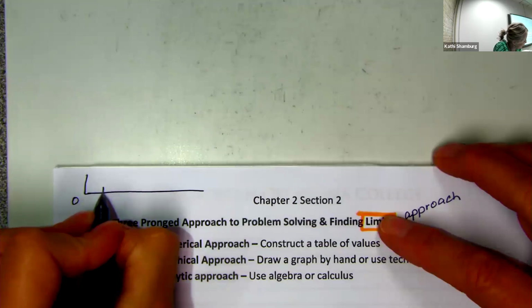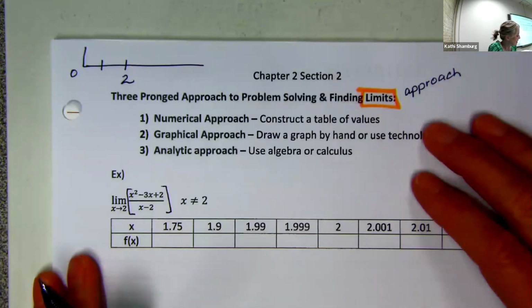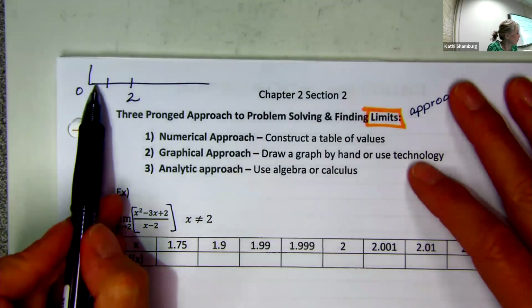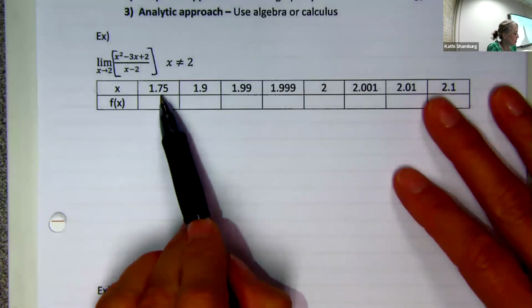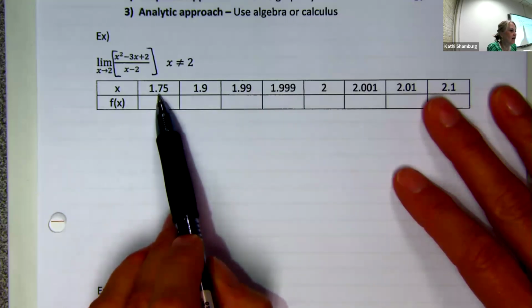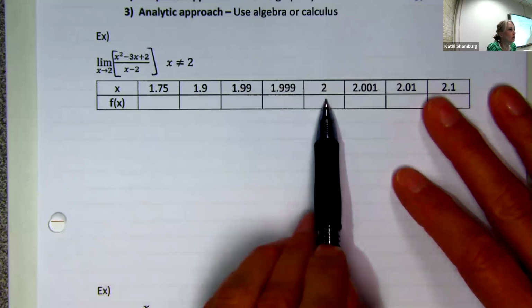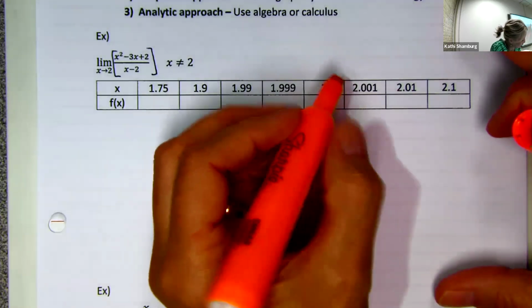Here's 0, 1, 2. Here is 2. So what that means is as x approaches 2, it has 2 different ways. It can approach it from the left. So if you'll notice, that's where I get these numbers that are smaller than 2. Notice I started out at 1.75 and I am approaching and getting closer and closer to the value of 2. Because ultimately we're looking as x approaches 2.